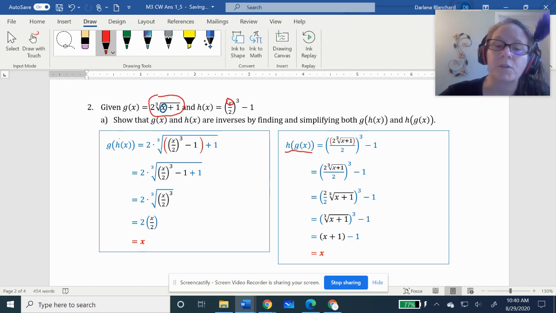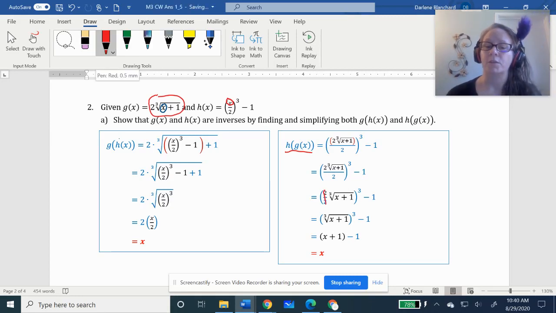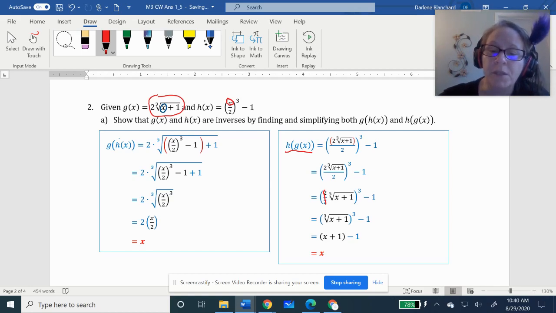Then we take a look at what starts canceling. We have a times 2 divided by 2 right here, directly ready to cancel each other out. After we clean that up, we have a cube root cubed, which cancels each other out. And then we are left with a plus 1 minus 1, which also cancels each other out.